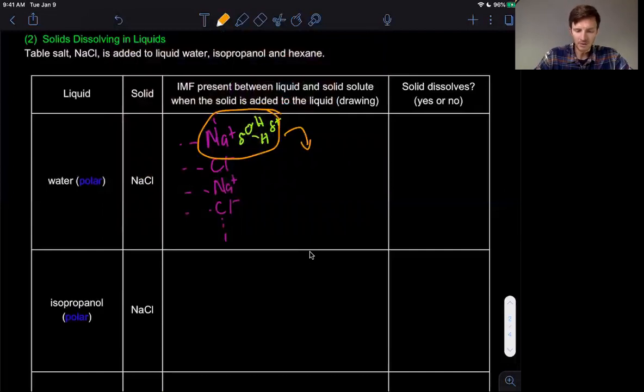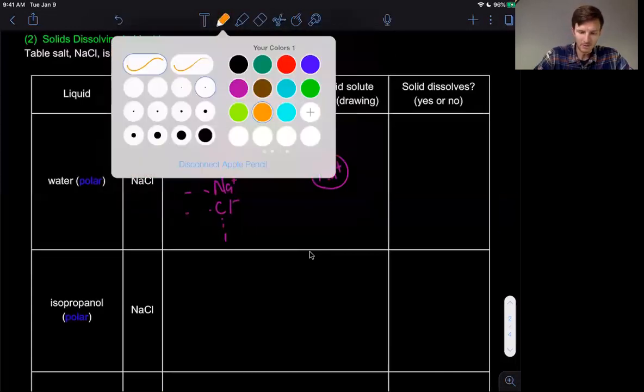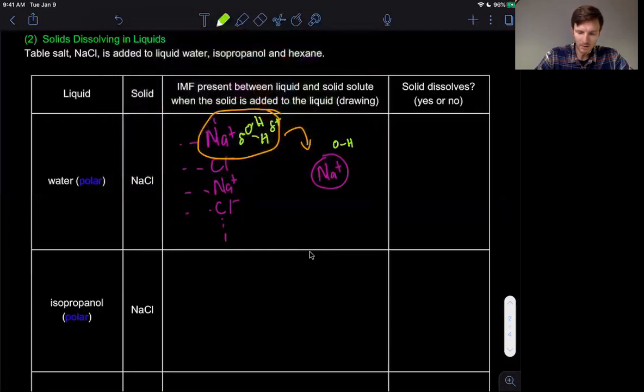And now as we have this lone sodium positively charged atom, it's going to be surrounded by a bunch of water molecules in kind of a semi-organized fashion, where all of those water molecules are facing in a specific orientation, where the oxygen is facing the sodium ion and the hydrogen is facing away from it.